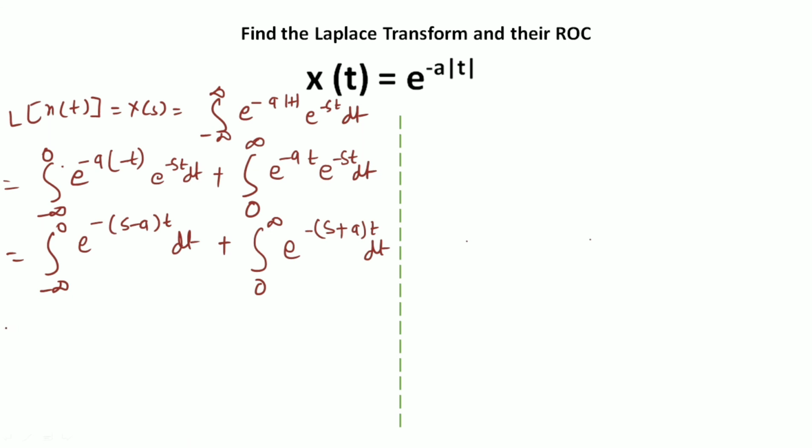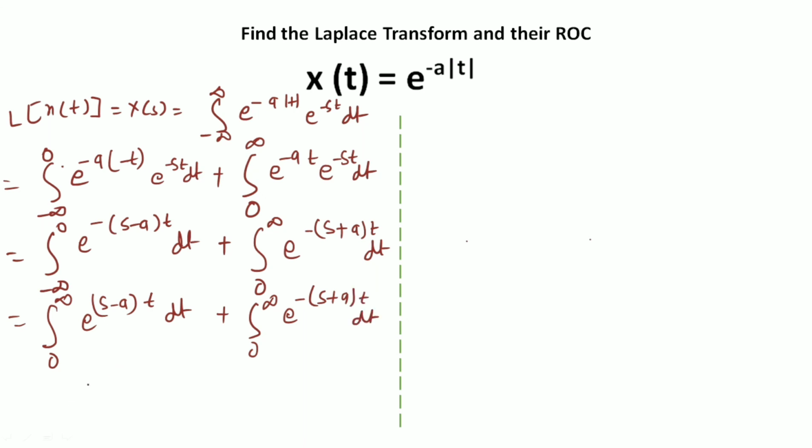So now we will substitute t equals minus t over here. So the limits will change from 0 to infinity, and we will have e to the power minus (s minus a) t dt, plus 0 to infinity the same e to the power minus (s plus a) t dt.